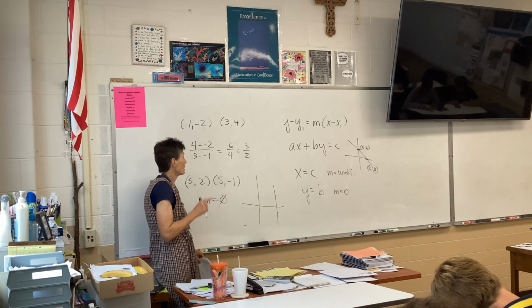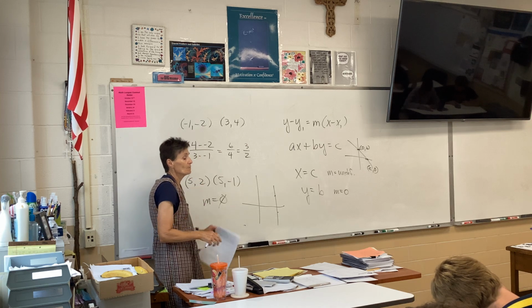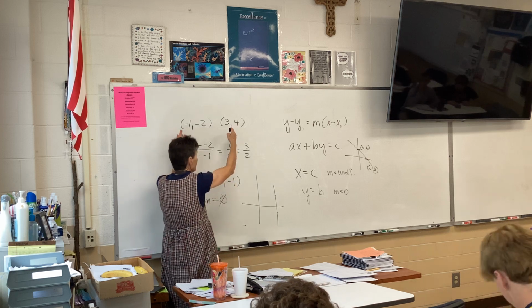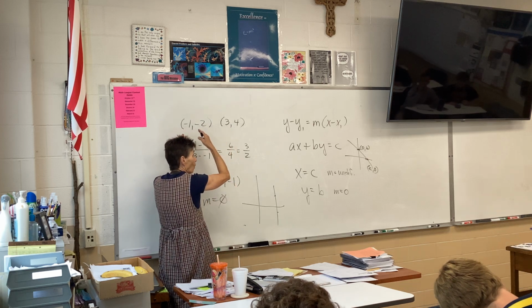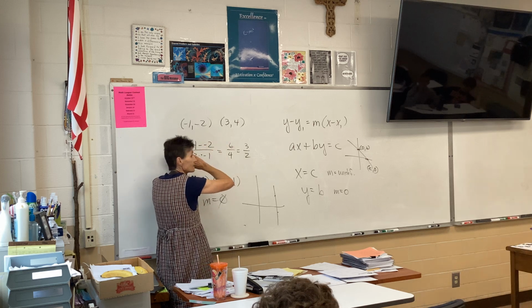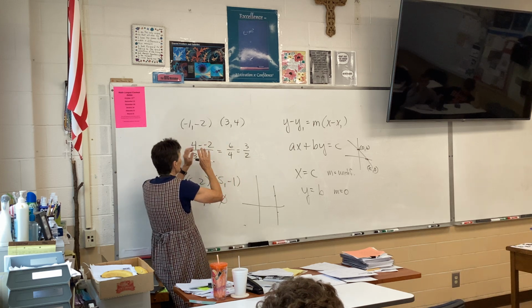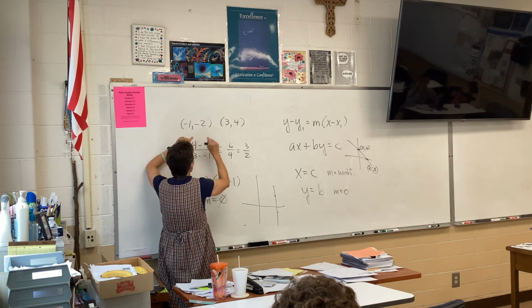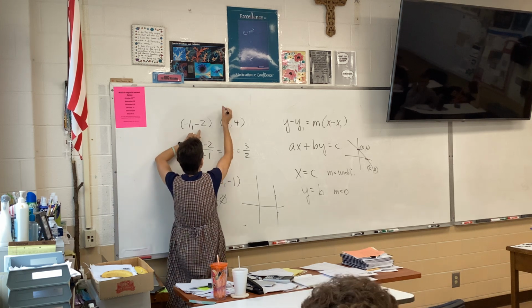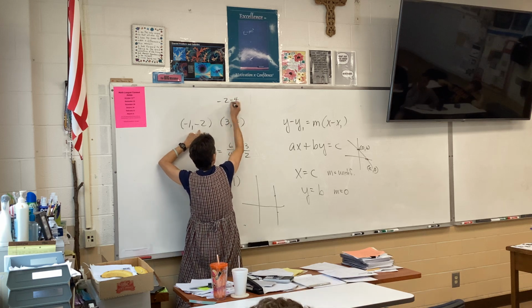Okay, one myth I want to dispel. When you do slope, I know when I wrote the formula here, I did y2 minus y1 over x2 minus x1. It doesn't have to be in that order. The rule is, you can subtract in any order you want here. You can do negative 2 minus 4.